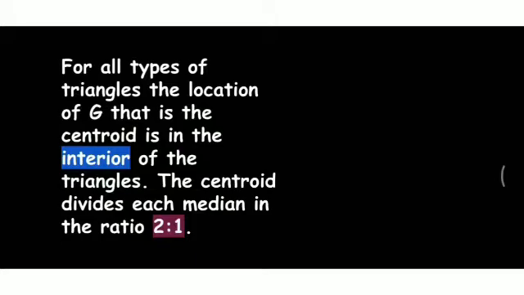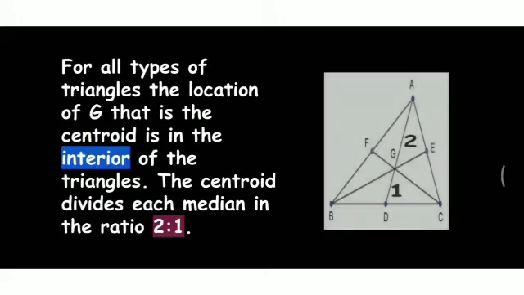And the next point is the centroid divides each median in the ratio 2:1. This we will understand with the help of a diagram. In this diagram, triangle ABC is given and point G is the centroid. So this point will divide the median in the ratio 2:1.